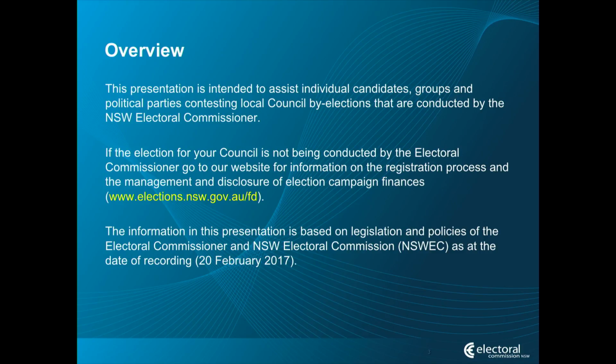The website address is www.elections.nsw.gov.au/FD. The information in this presentation is based on legislation and policies of the Electoral Commissioner and the New South Wales Electoral Commission as at the date of recording, the 20th of February 2017.